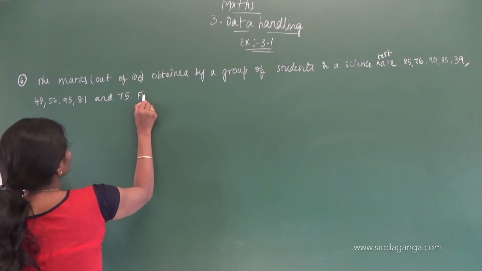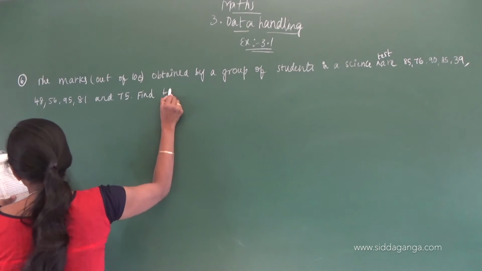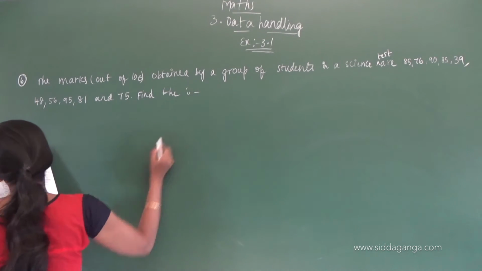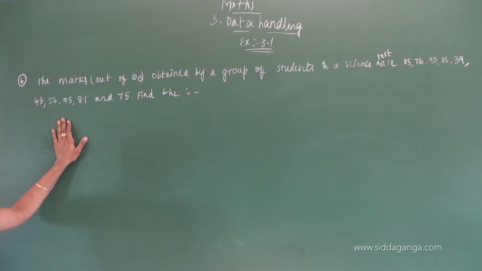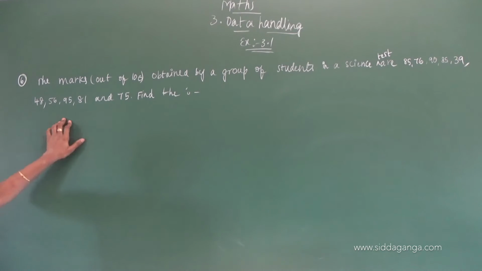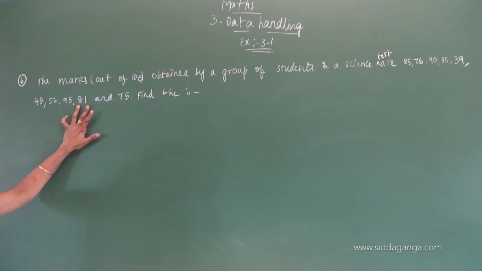Here the marks of science out of 100 that they have given are 85, 76, 90, 85, 39, 48, 56, 95, 81. The given information they are giving like that.